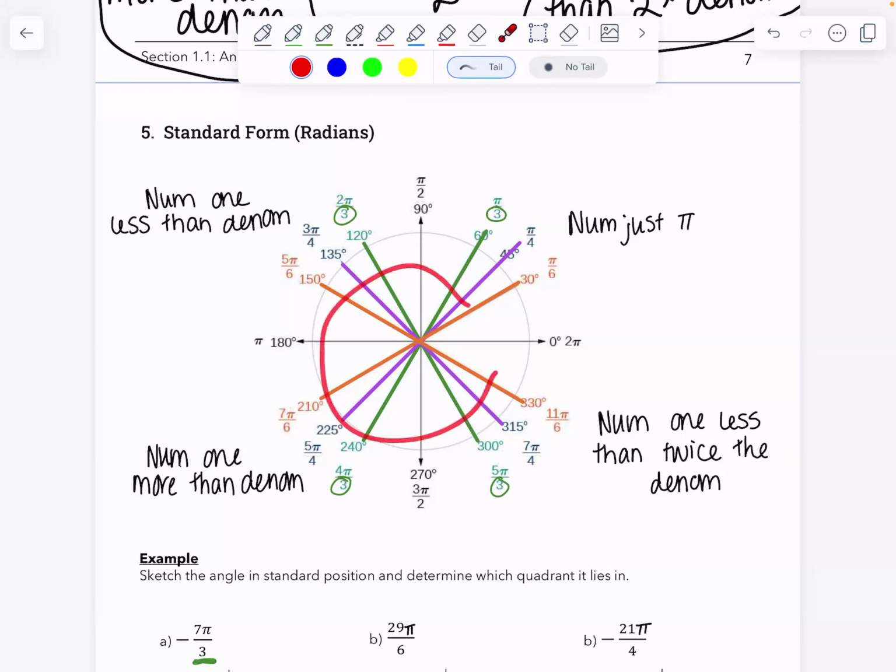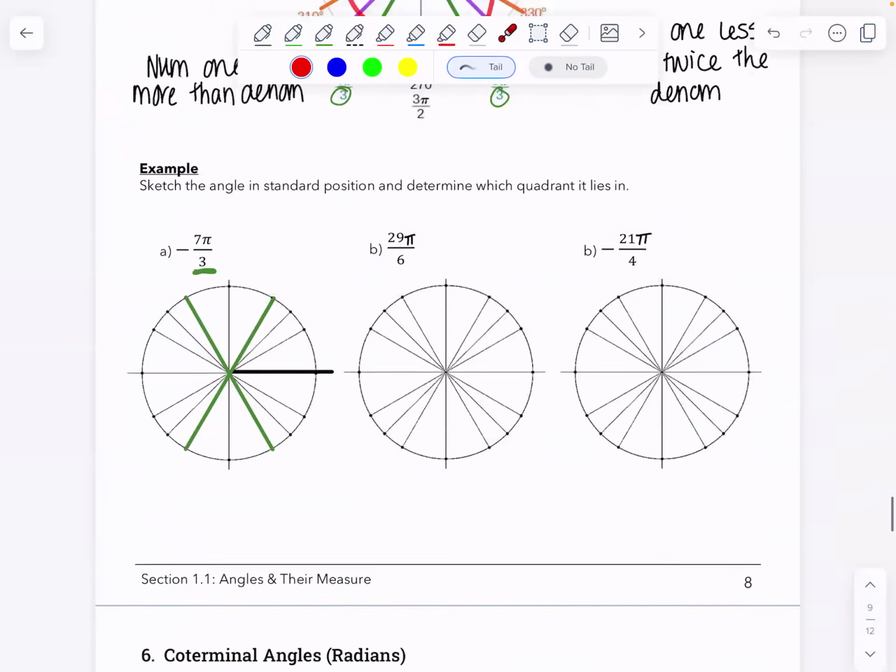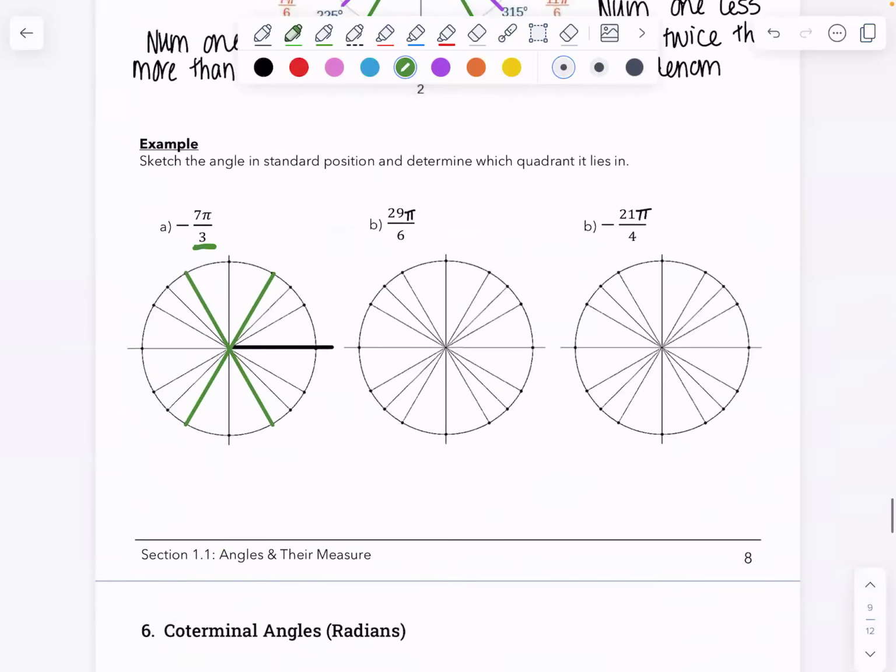This works the same in the negative direction. It's that same progression. It just goes the opposite direction and the angles are negative. So I'm going to start counting those angles. We have negative pi over 3. The next one will be negative 2 pi over 3.